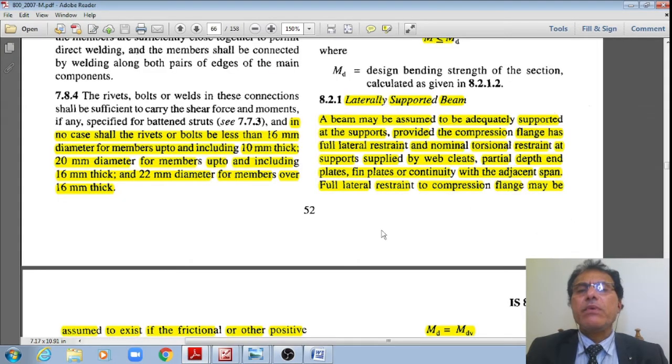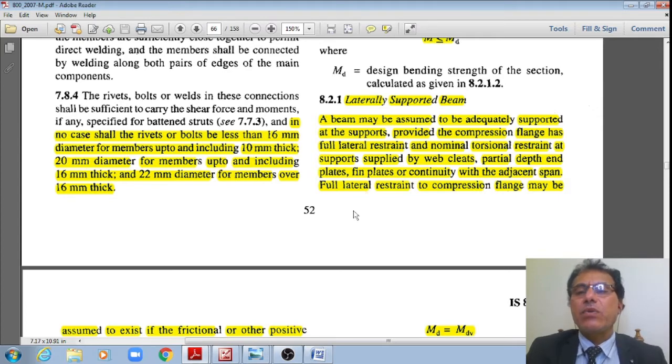A beam may be assumed to be laterally supported adequately at the support, provided the compression flange has full lateral restraint and nominal torsional restraint at the supports, supplied by web cleats, partial depth end plates, fin plates, or continuity with the adjacent spans, right?